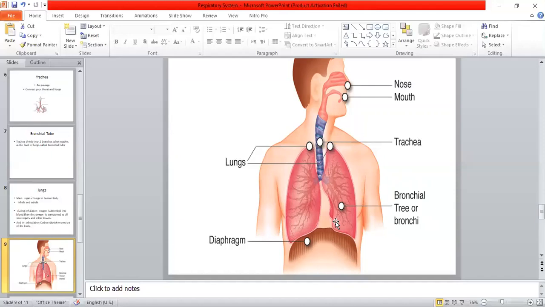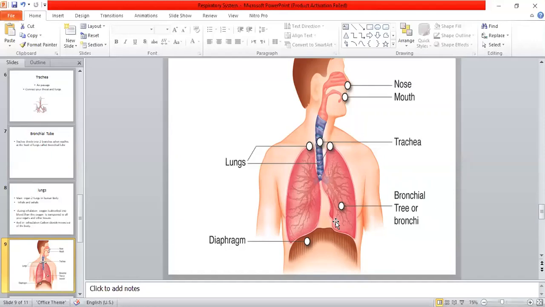From this air sac, oxygen is absorbed into the capillaries, and through the blood that oxygen is transported to all the organs of the body. The same is the case for carbon dioxide.